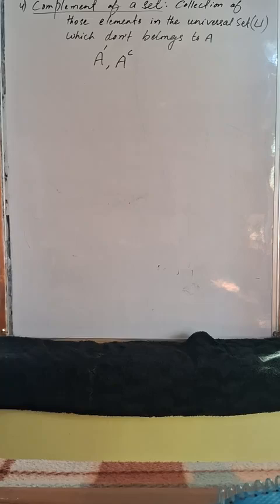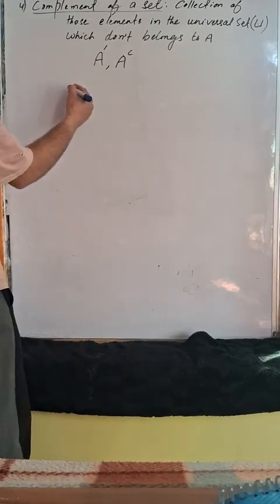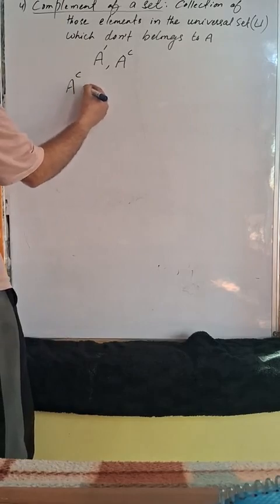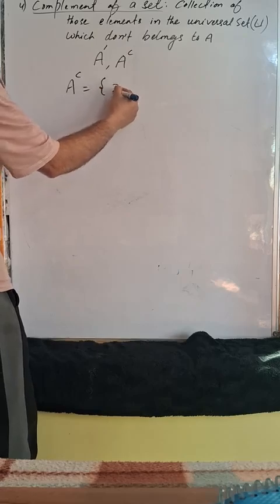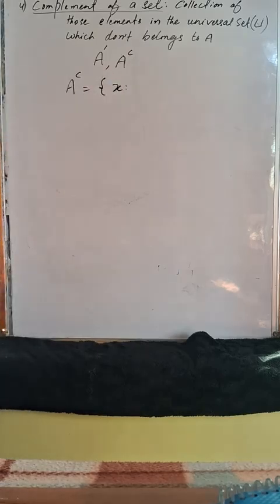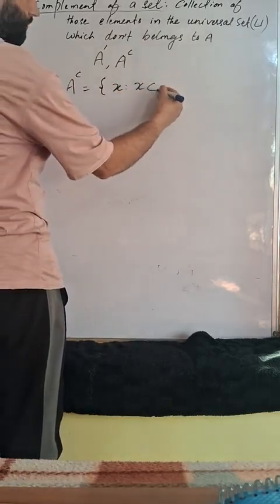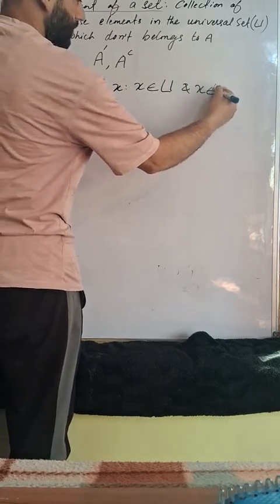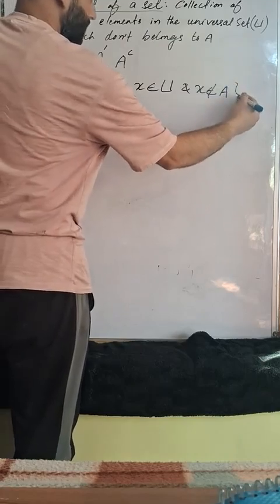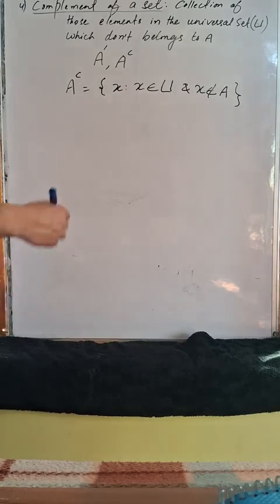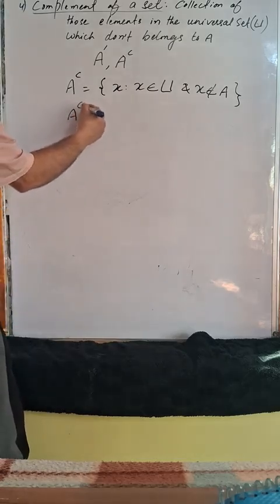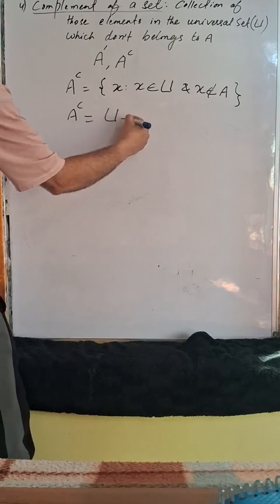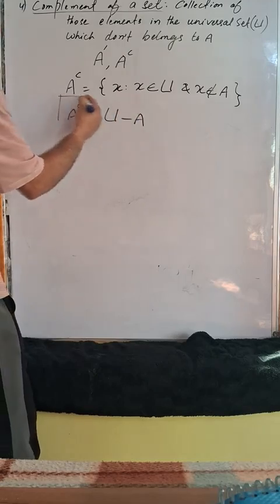Now, in set builder form, we can write it as A complement is equal to {x such that x belongs to U and x does not belong to A}. In other words, we can write it as A complement is equal to U minus A.